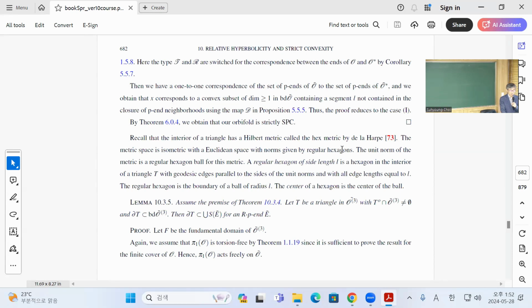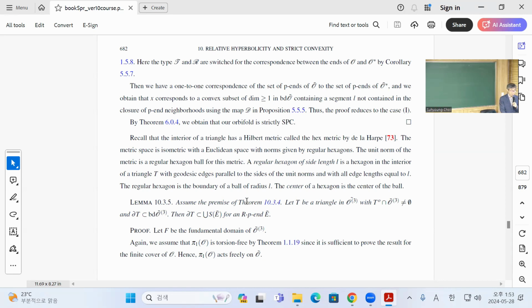So this has a hex metric, so you can consider these kinds of hexagons, which are some size increase blow-up of the unit norm ball.